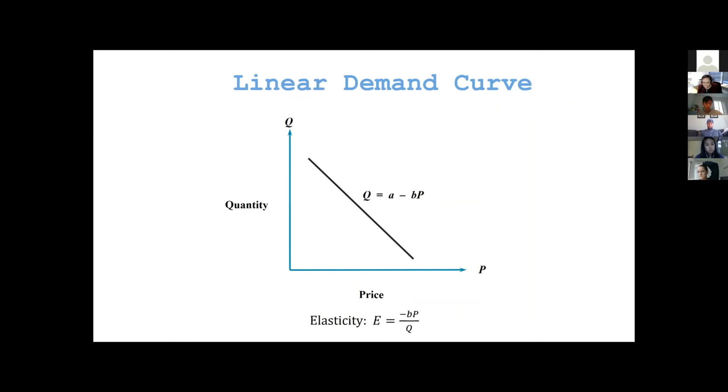And so here's a linear relationship where your demand, represented by Q, equals some constant A minus B, which is the coefficient, times P, your price. And so if demand and price had a linear relationship, what it would imply is that your elasticity is going to equal this equation, the negative B times P, your price, divided by Q, your quantity.